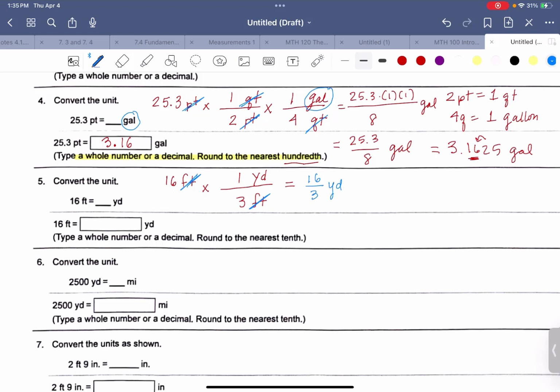They asked me again, if that doesn't go evenly, to round this time to the nearest tenth. That's 1 place. Earlier, it was 2. So pay attention. When I do 16 divided by 3, I get 5.33333. And they asked me to round it to only 1 place. So this 5.333 repeated will be 5.3.